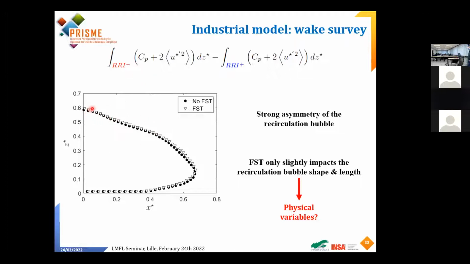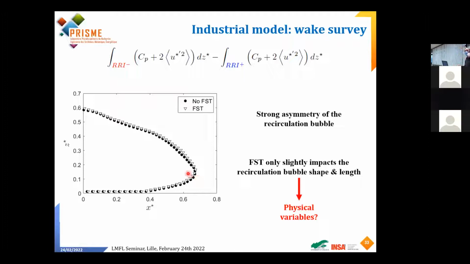Here I'm representing the shape of the bubble in the two conditions: in black for the no free stream condition, and in white for the turbulent free stream condition. First of all, we don't see much effect on the main shape of the bubble when we implement the free stream turbulence.